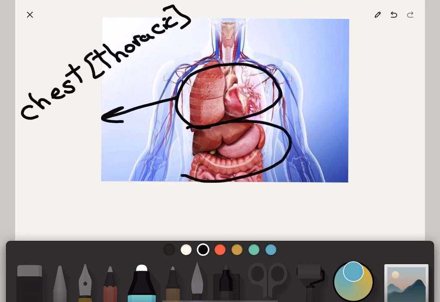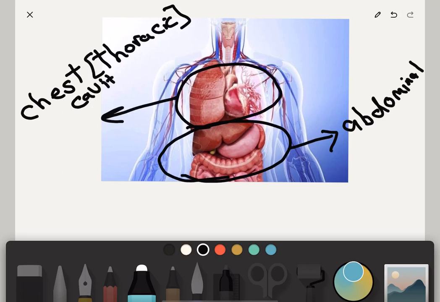And the second one exists here and is called the abdominal cavity. So the human body has two cavities. The first one, chest or thoracic cavity, and the second one, it's called abdominal cavity.